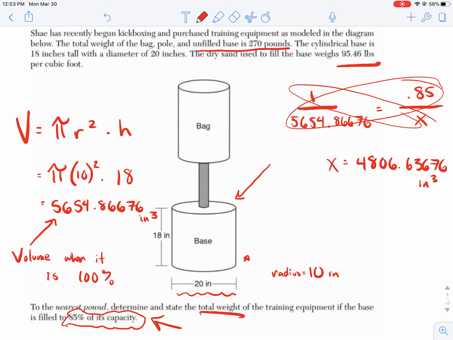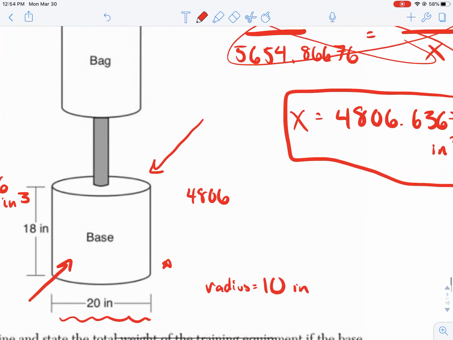That is the volume of this base when it's 85% of its capacity, or 85% full. Okay, so now we know what the volume is. We know what our density is. And so now we need to find out its mass. What is the weight of this cylinder? When we're just talking about this piece down here, we're not talking about the whole thing, we're talking about the weight of this thing filled.